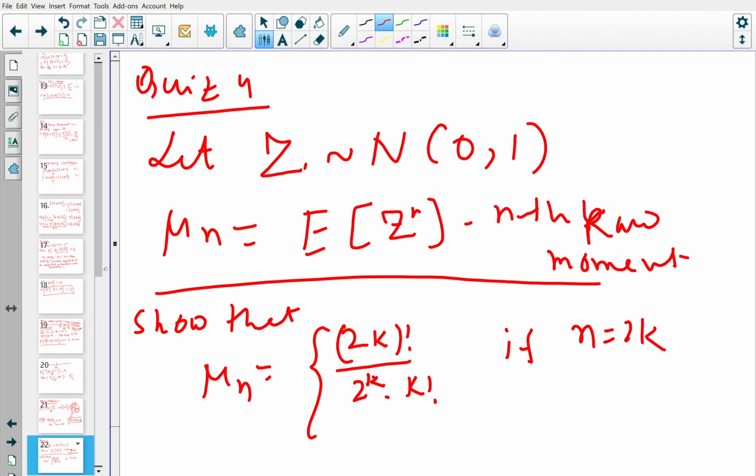And for odd n it is 0. Like the first moment, mu equal to 0, third moment is 0, fifth moment is 0, but the second moment and fourth moment have a value of this form.